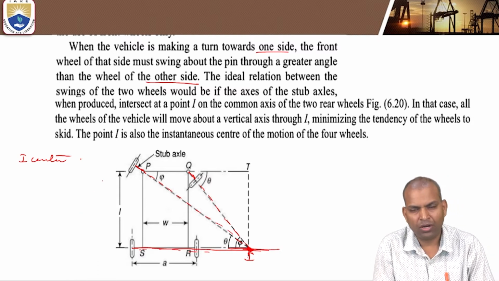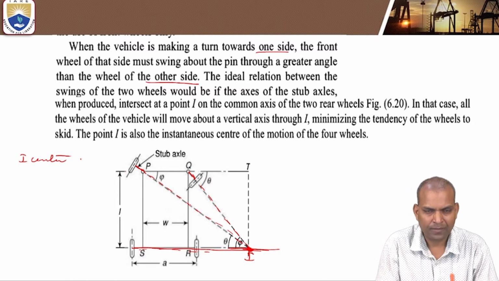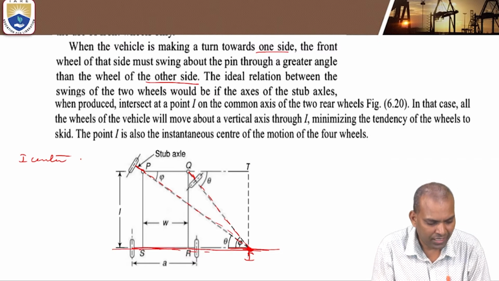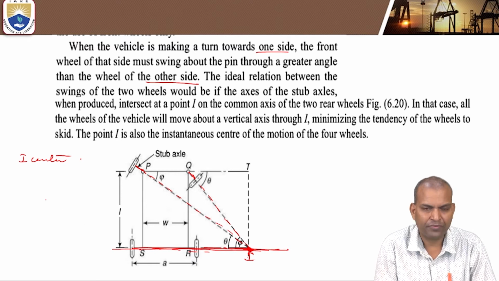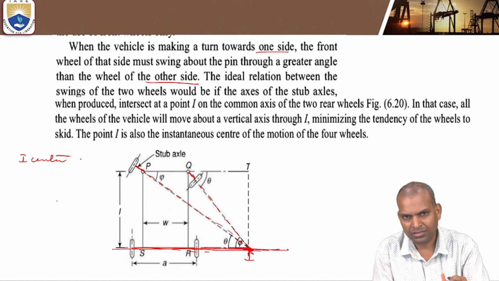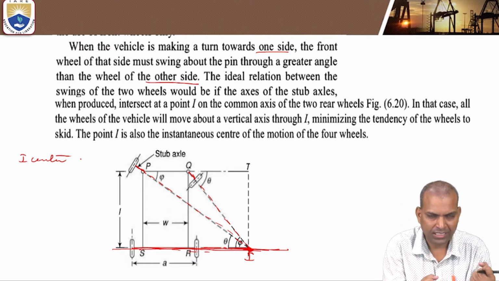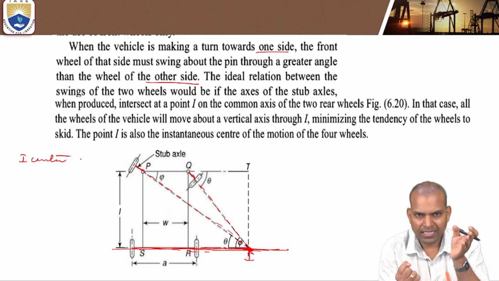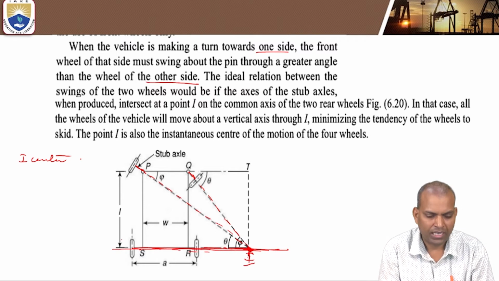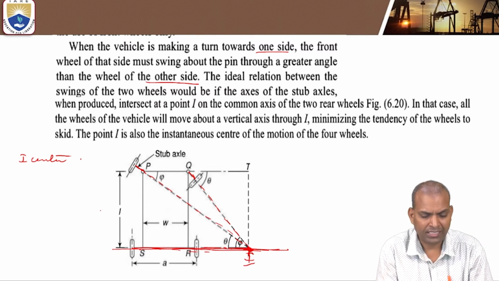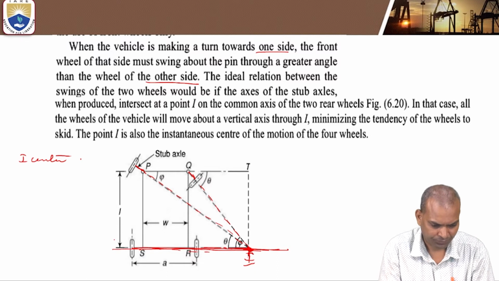The extension of the front stub axles and the rear wheels' axle shaft should intersect at point I. So, in order to minimize the tendency of the wheels to skid when the vehicle is taking a left turn or a right turn, here the condition is a right turn. When turning right, the rear axle should be maintained, minimizing the tendency of skidding.